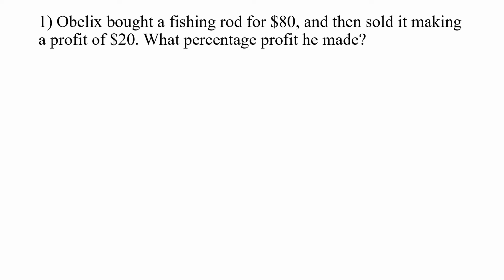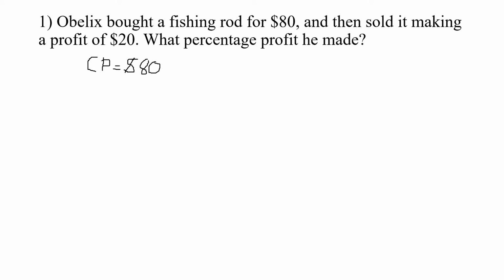So we know that Obelix bought a fishing rod for $80. So here I would ask you, what does that $80 represent? According to the question, that is how much he bought the fishing rod for. So I know that this $80 here represents our cost price. And notice the question did not explicitly say the cost price was $80.